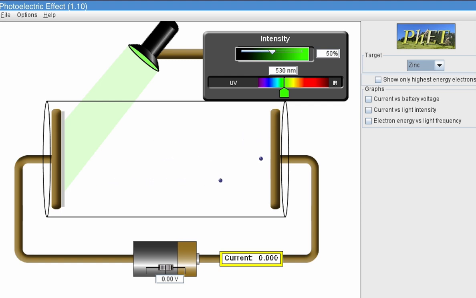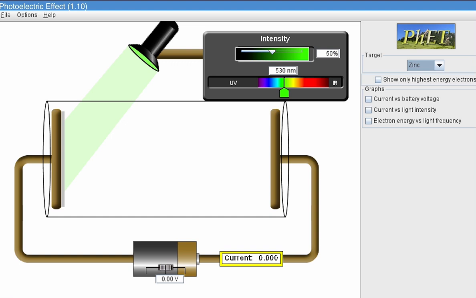Remember that the green light was a suitable frequency when we had sodium. But now for zinc, what is happening? Is there nothing happening? So what does that imply?